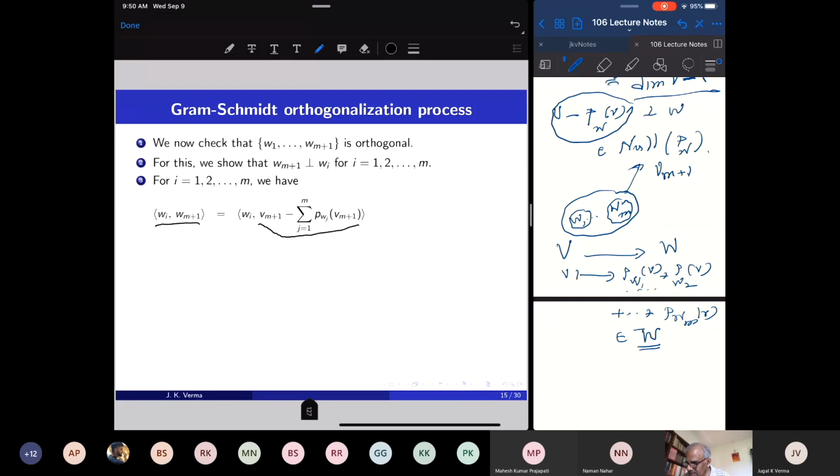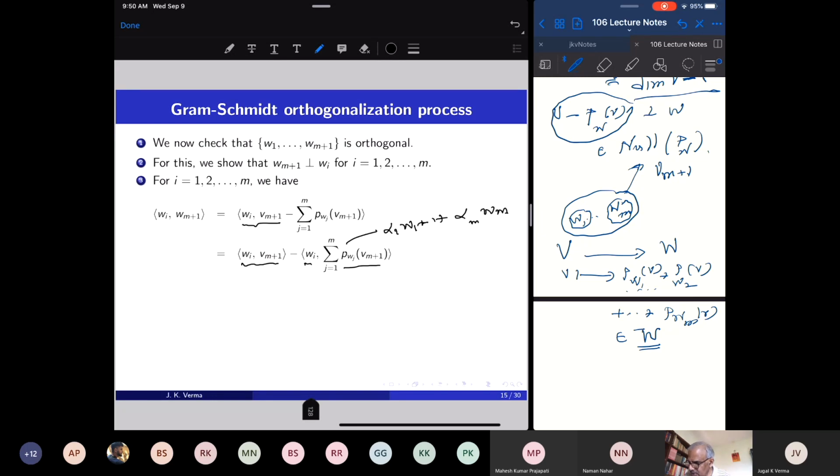So Wi inner product with this vector, but inner product is linear in the second coordinate. So this is equal to, I can split this as Wi inner product with Vm plus 1 and Wi inner product with these vectors. But this sum is a linear combination of W1, W2, up to Wm. This vector is some alpha 1 W1 plus up to alpha m Wm.